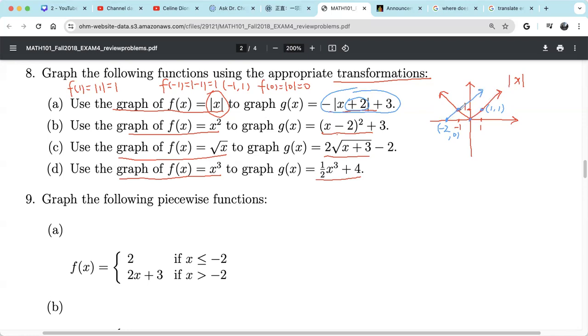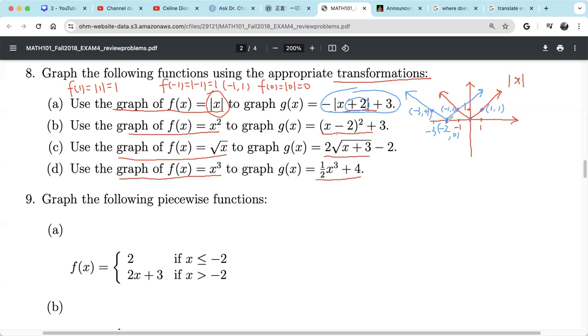Same thing here, this point was -1, comma 1. Moving 2 to the other side, it becomes -3, 1. So this becomes -3, 1, and -1, 1.